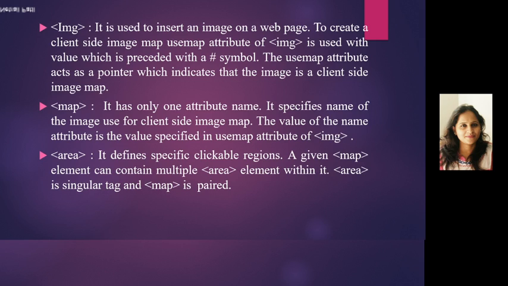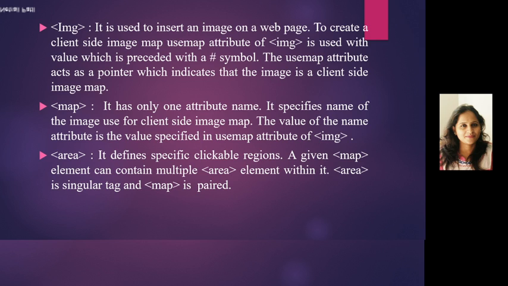It is used to insert an image on a web page to create a client-side image map. The usemap attribute of img is used with a value which is preceded with a hash symbol. The usemap attribute acts as a pointer which indicates that the image is a client-side image map.